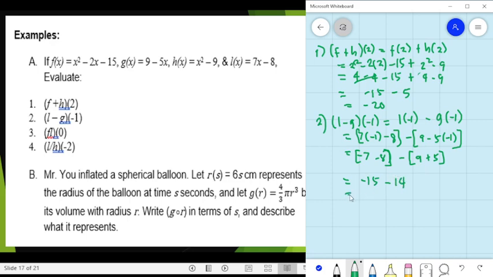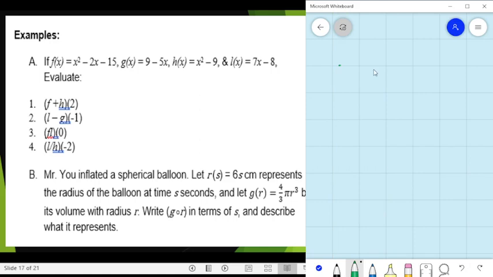Okay, so combining the two, that would be equal to negative 29. So please correct number 2. It's not negative 30, but it's negative 29.